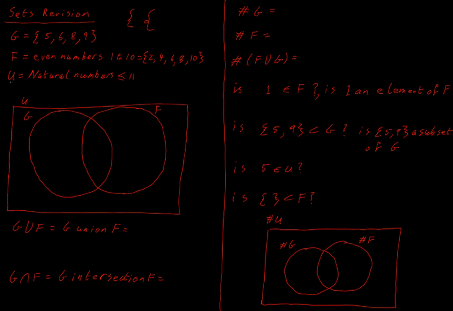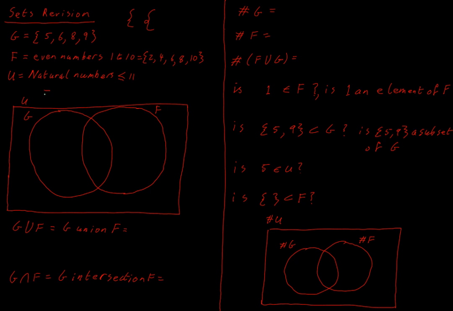The universe is all of the elements that could possibly come up in this question. So it must include the sets G and F. In this case it does. It has natural numbers that are less than or equal to, the smaller part is pointing towards here, so it's the natural numbers that are less than or equal to, our little bar down here, number 11.